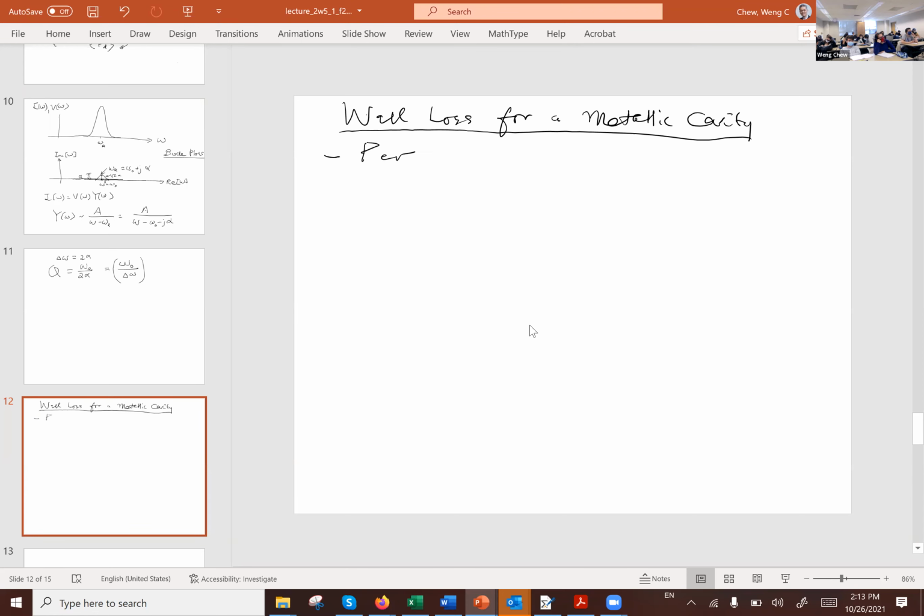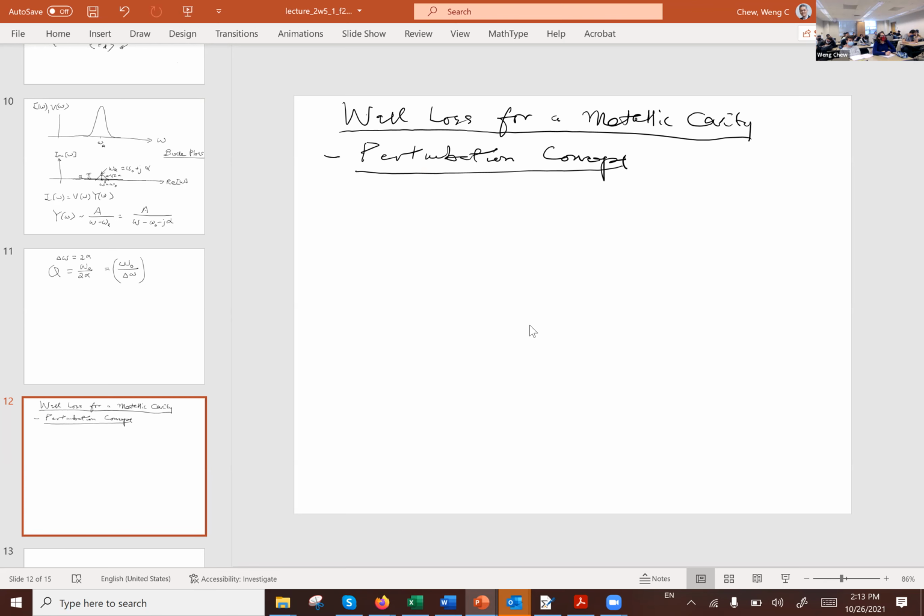Use a perturbation concept. What is special about this perturbation concept is that you can estimate this Q very easily without mobilizing the full arsenal of your mathematical knowledge.